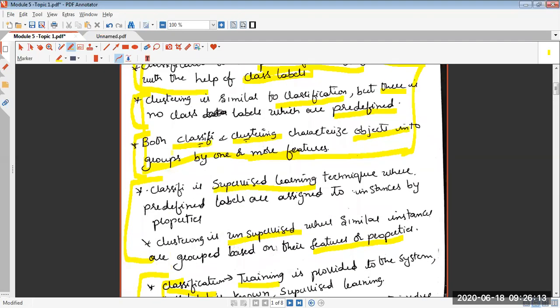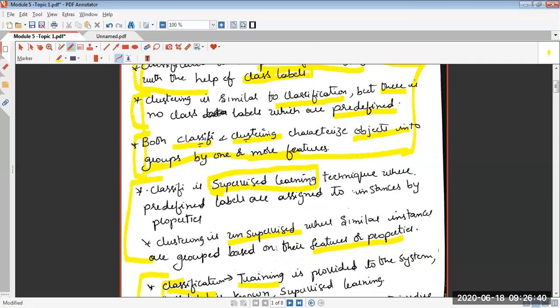So the summary of this first page is that both classification, which you saw in module 4, and clustering, which is in module 5, have one thing in common: they create groups or classes. Second point, classification is supervised, meaning that you should explicitly give the class label.